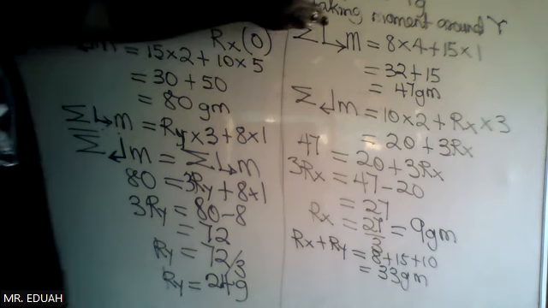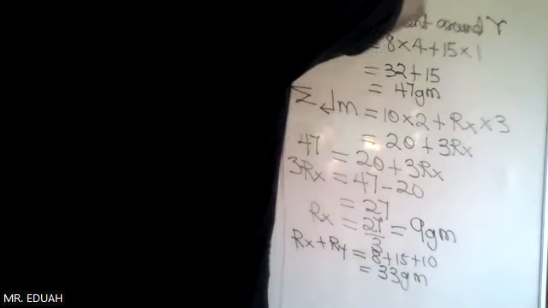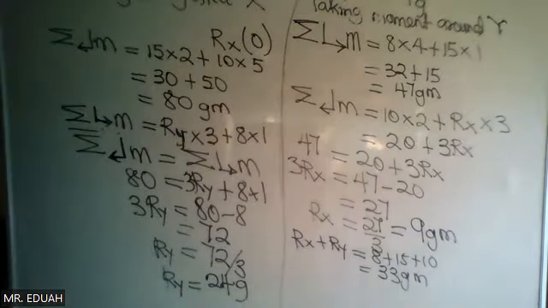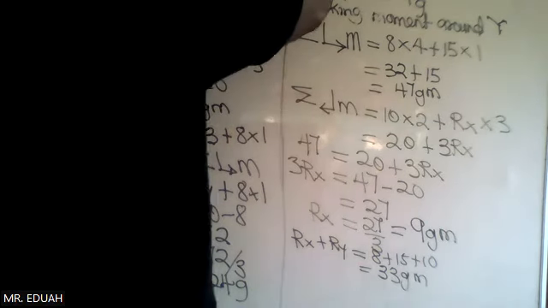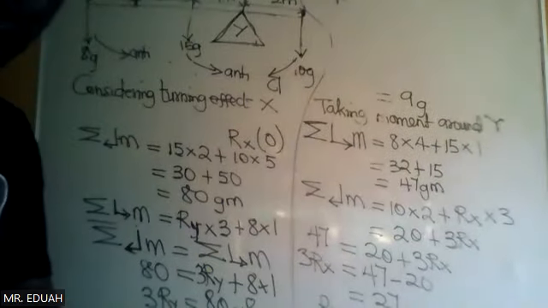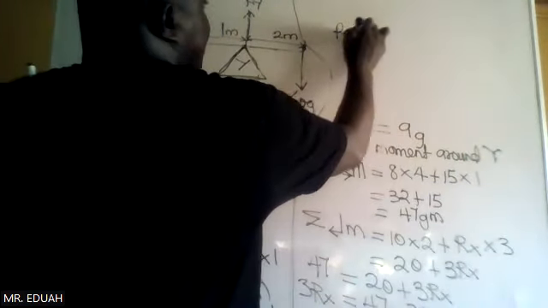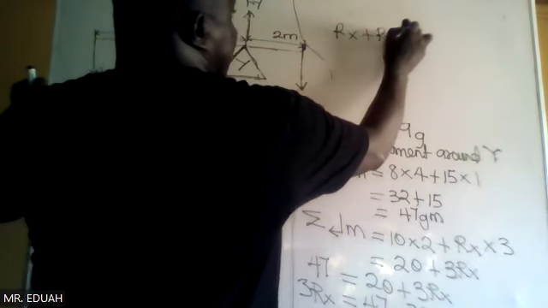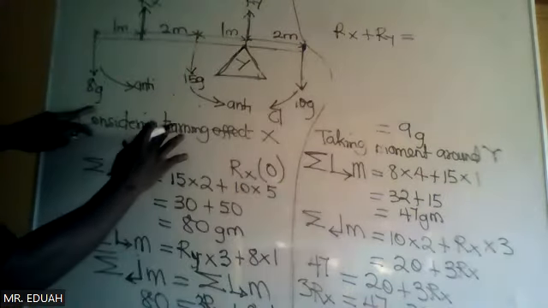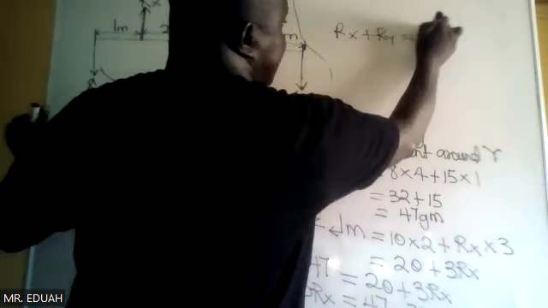In determining Rx, all that they do is that they use the second law, which is the sum of upward forces. So after getting Ry, Rx plus Ry is equal to the sum of downward forces, 8 plus 15 plus 10, which gives them 33.